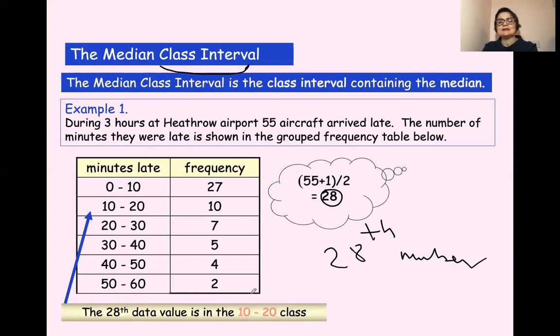So the 28th data value is in the 10 to 20 class. This might look a little bit complicated, but the more you practice, the easier it becomes. So remember, to find the median class interval, you need to find which class your number belongs to.